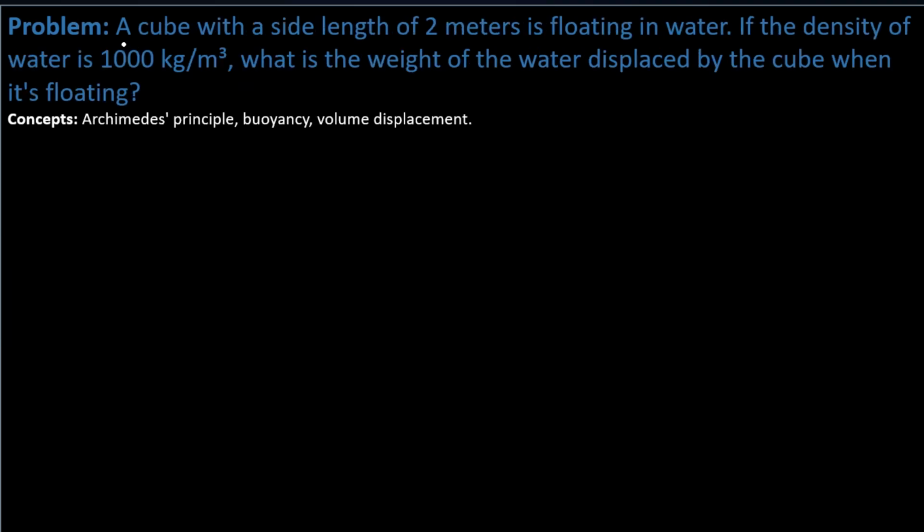Okay, now come to another problem. A cube with a side length of 2 meter is floating in water. If the density of the water is 1000 kilogram per meter cube, what is the weight of water displaced by the cube when it's floating? So here W equals rho times g times a.